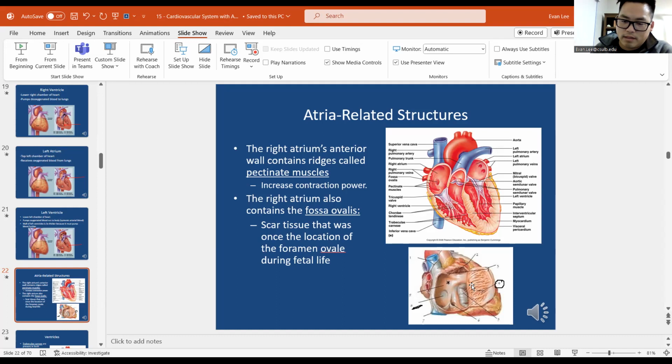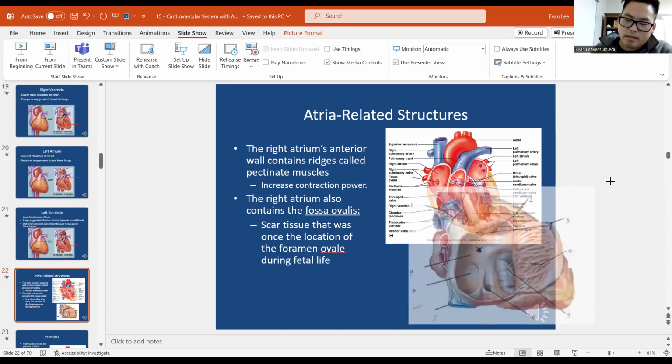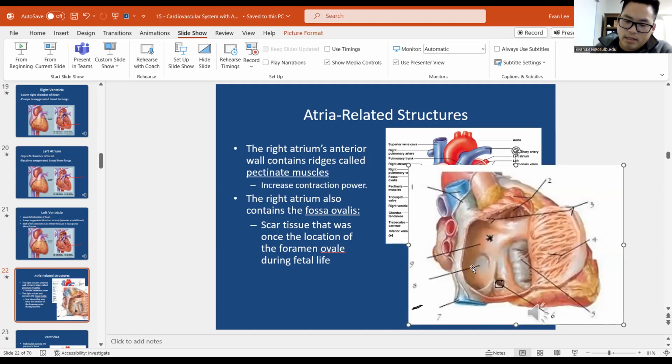Now, one more thing that you can see here is this little divot or depression. And we've used a word for describing a depression in bones. If you recall, that's called a fossa. So this, in fact, is a fossa, and this is called the fossa ovalis. The fossa ovalis is something that you will be able to see because this is a remnant of where we used to have a hole in the heart. When we are in embryonic growth, we used to have something called the foramen ovale.